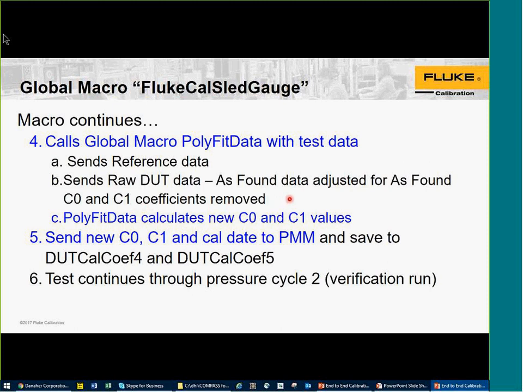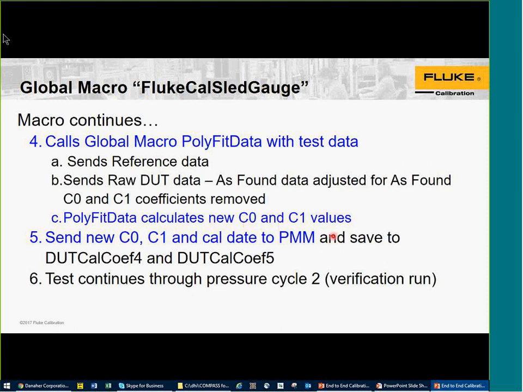What the macro does is take those values and revert out, or strip out, the C0 and C1 coefficients. So it's really giving you the raw pressure value from the pressure measurement module. By sending the reference data and the raw data to this polyfit macro, which is like a linear regression, same as the CalTool software does, polyfit calculates new C0 and C1 values.